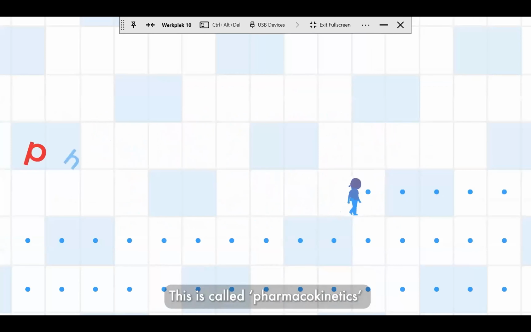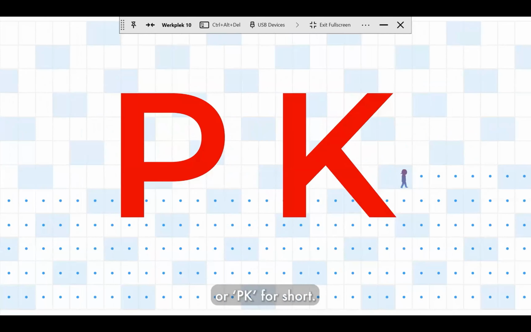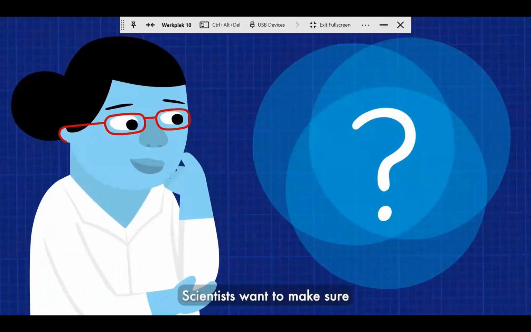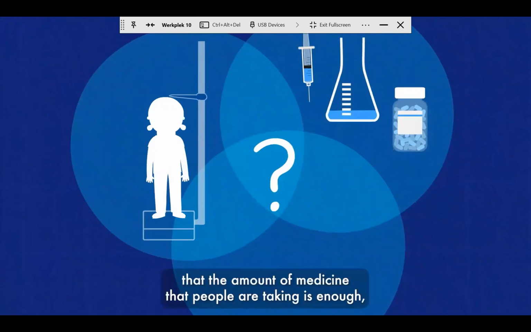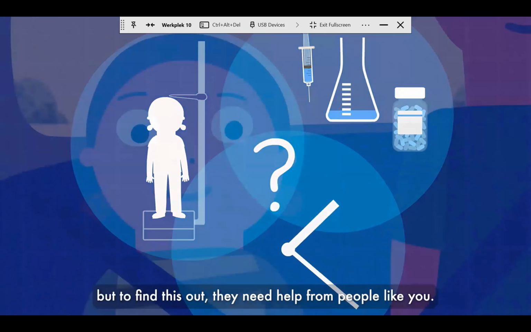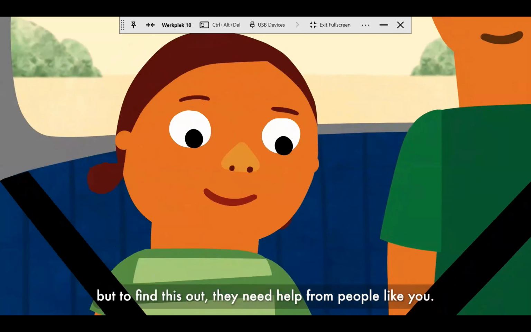This is called pharmacokinetics, or PK for short. Scientists want to make sure that the amount of medicine that people are taking is enough. But to find this out, they need help from people like you.